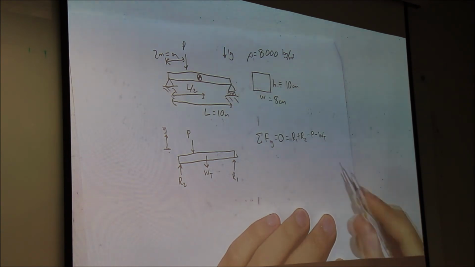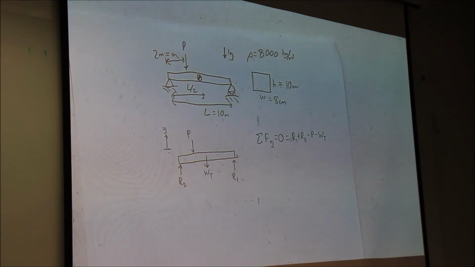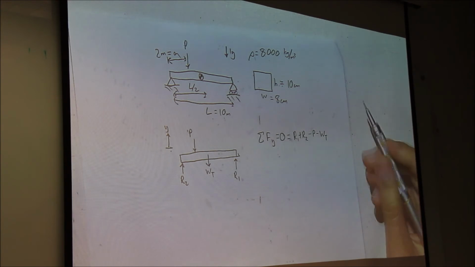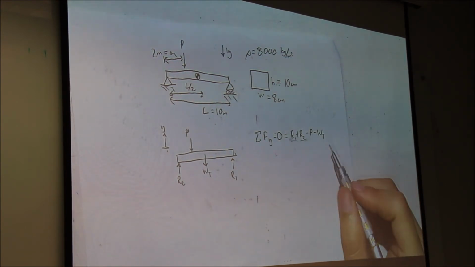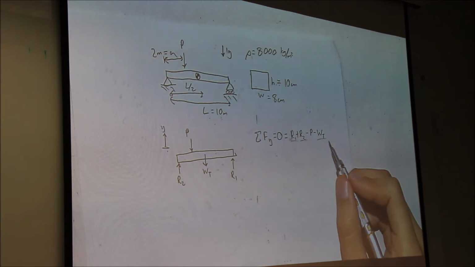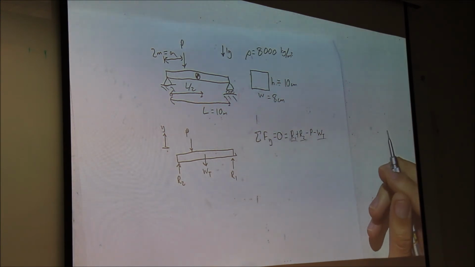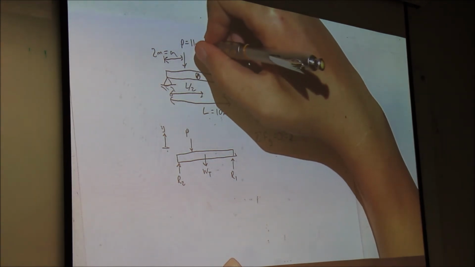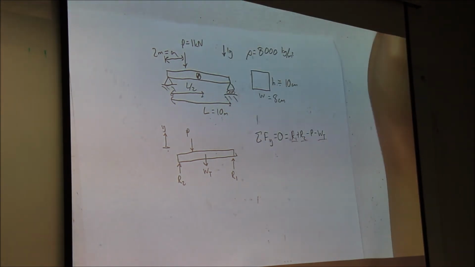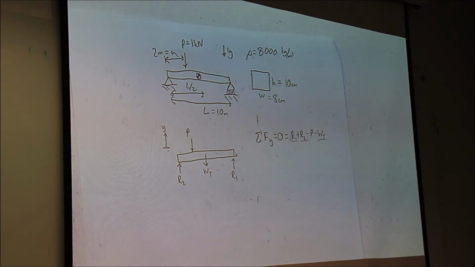That makes intuitive sense. The force pushing up is equal to the force pushing down, basically. But again, we have two unknowns. Well, technically 3 because we haven't calculated weight total. Also, let's say P is equal to 1 kilonewton.